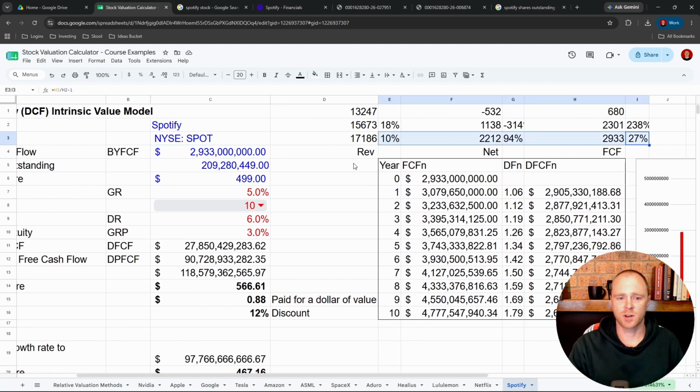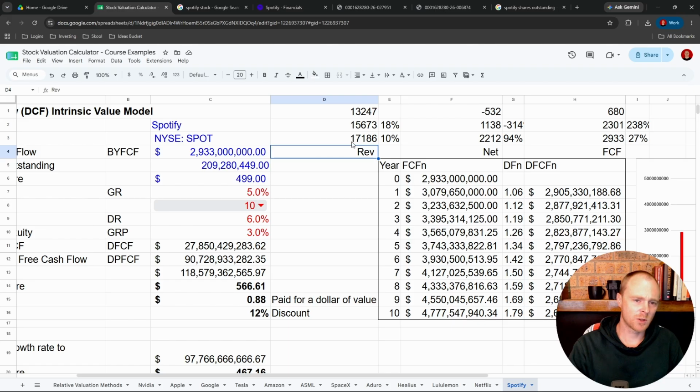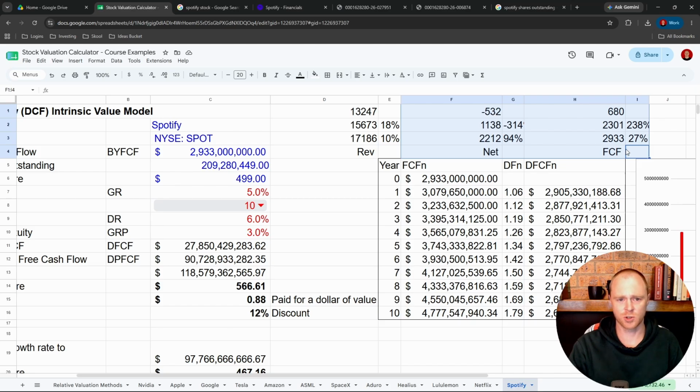So this is an interesting one, because if the majority of investors are looking at the revenue of the business and the revenue slowing, they might be missing the fact that the actual amount of cash this business is generating is huge.